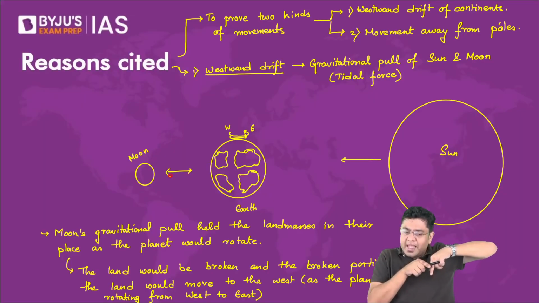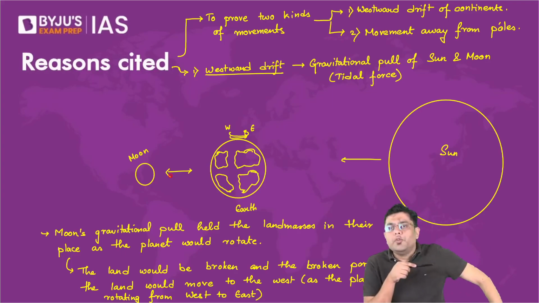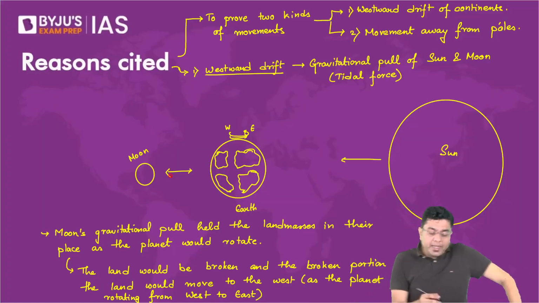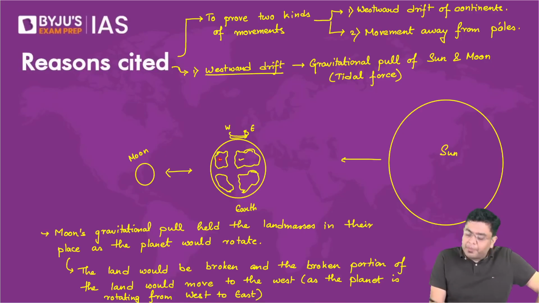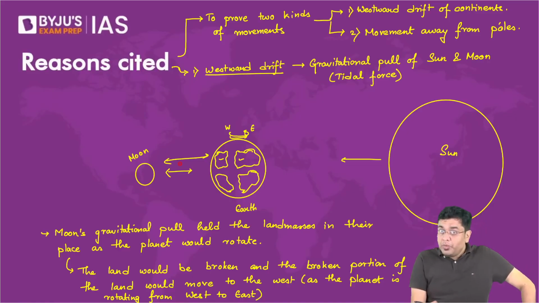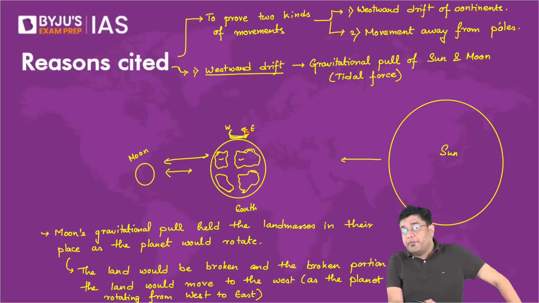And then eventually, as the planet continues to rotate, what will happen? The land will get broken. Why? Because one portion is consistently held by the moon. So eventually, the landmass would get broken from the earlier one and they would be held in their own place. Why? Because they are being attracted by the moon. Now, the planet, again, I would focus, is consistently rotating from west to east.